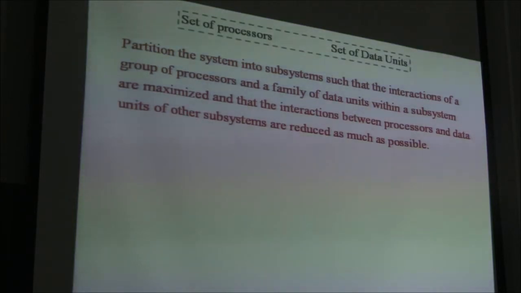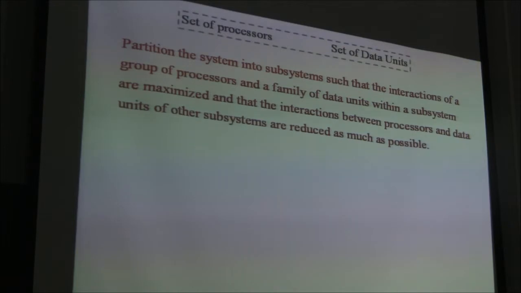Using these two sets, the first thing was to see how we can group data units and processors that are very active or interacting very much, and put them together in a subsystem in such a way that the processor might call on other data units, but mostly it will call the data from the data units within the subsystem.